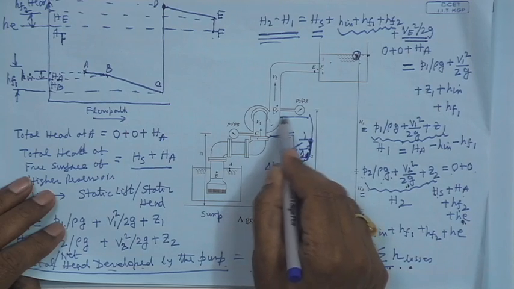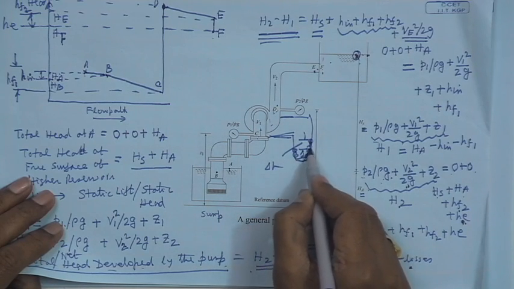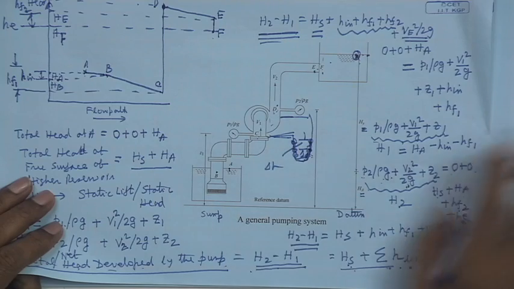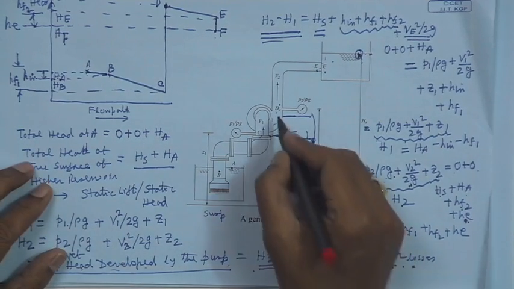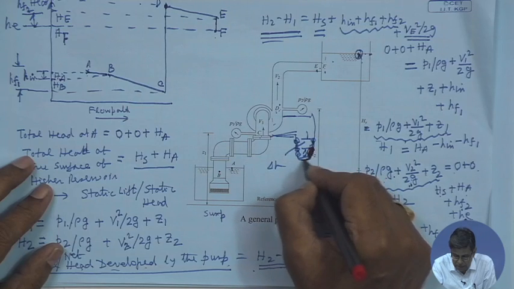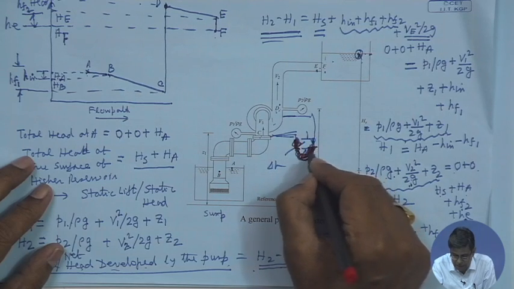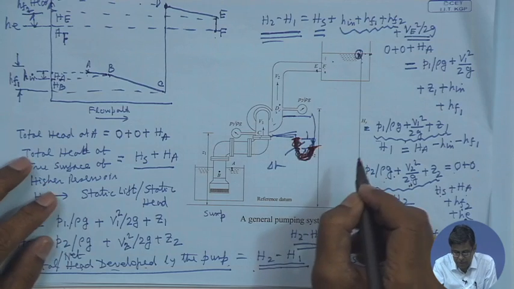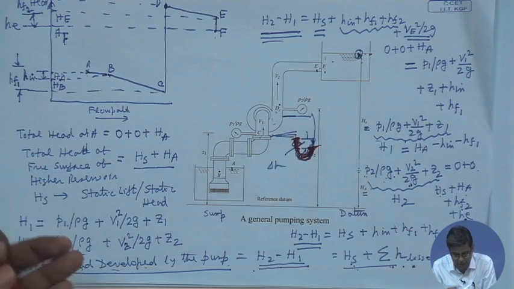So, the manometer reads the difference in piezometric head. Sorry, it will be the other way. The pressure is high here, so the deflection will be like this, this is the interface, this is another interface of the manometric liquid. Usually mercury is used when water is the working fluid.